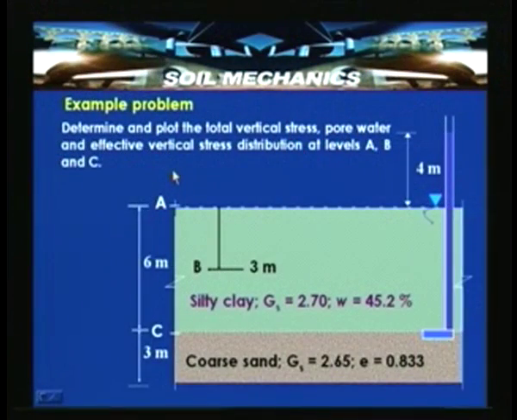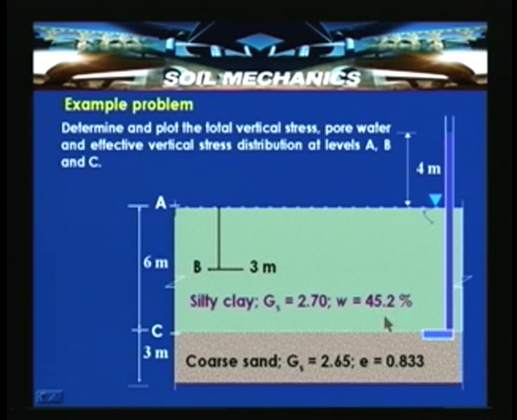Before looking into this, this particular problem is given to practice as a continuation of the previously solved problems. The problem statement is as follows: determine and plot the total vertical stress, pore water pressure and effective vertical stress distribution at levels A, B and C shown in this cross sectional diagram.